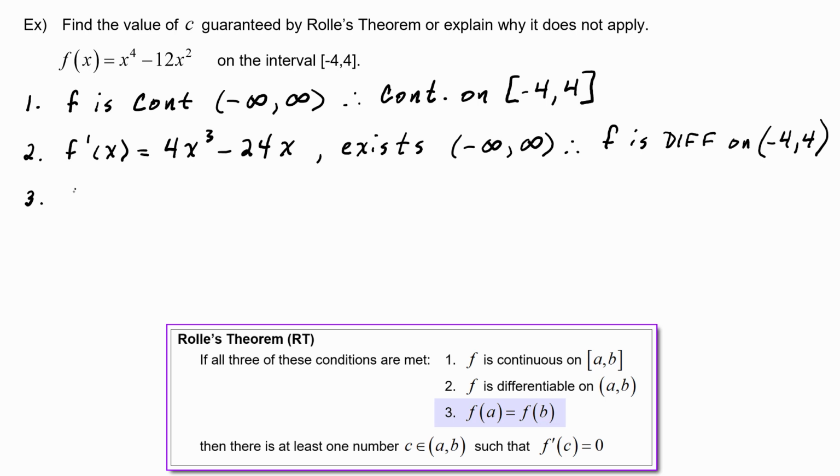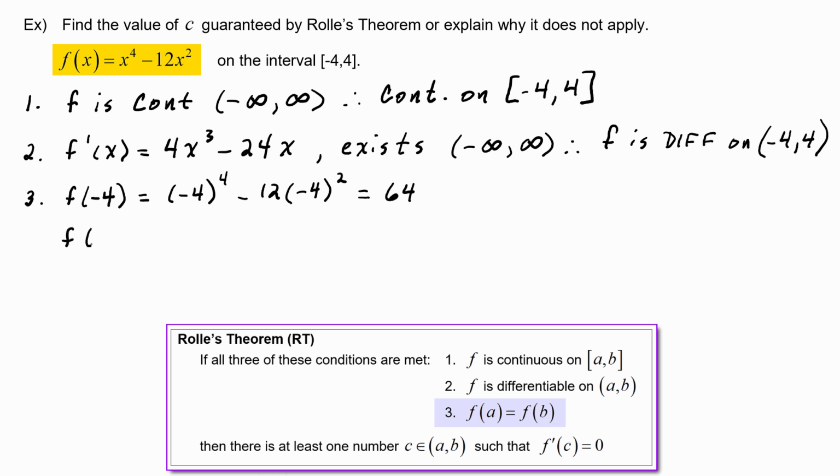So let's evaluate f of -4. Remember, we are plugging into f, not f prime. So that would be -4 to the 4th power minus 12 times -4 squared. If we evaluate that, it works out to be 64.